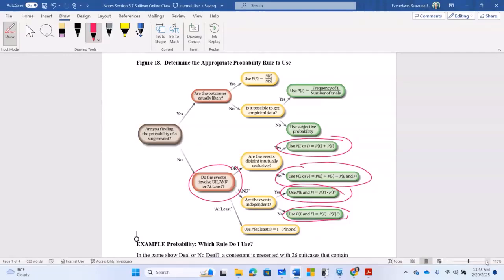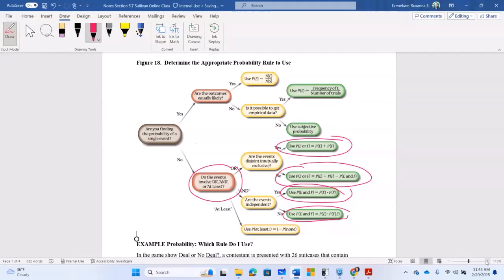The next one: if it's not a single event, do the events involve an or, or an and? If it's an or probability, then are the events disjoint, or mutually exclusive? Remember, we talked about them. If they are disjoint, then you use the addition property for or.